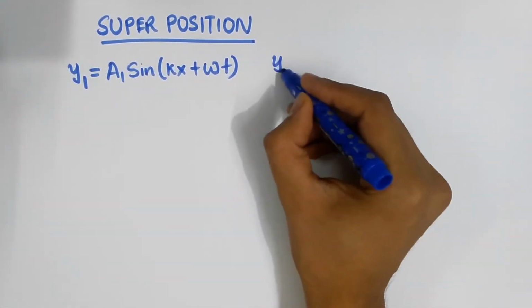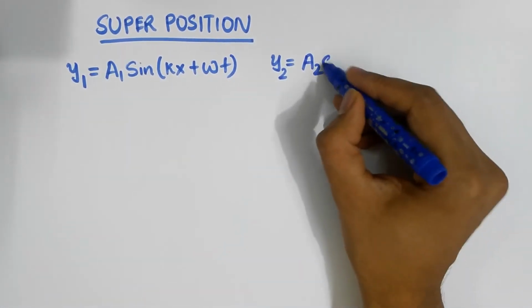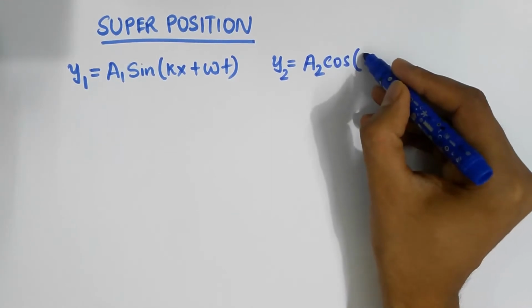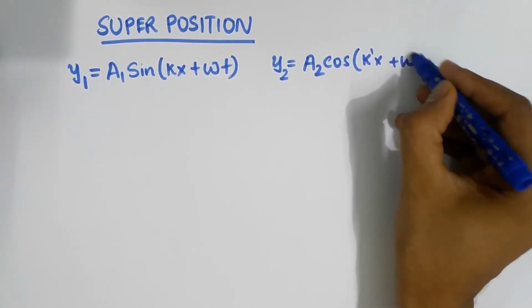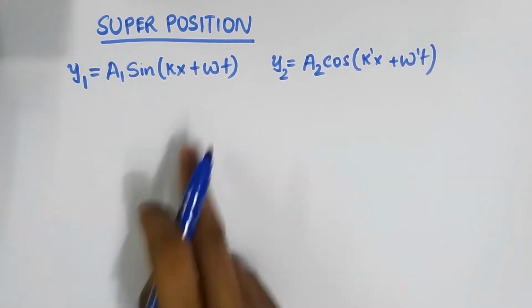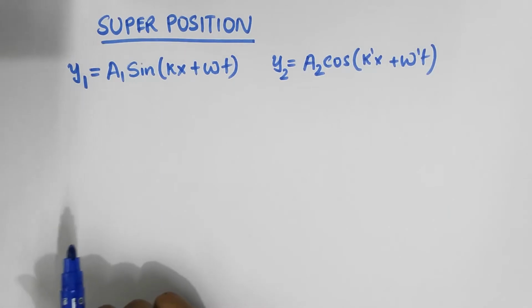And if you have y2, another wave, which can be represented by a completely different equation, maybe sine(k'x + omega' t), and these two waves meet each other, what's going to happen is the question.